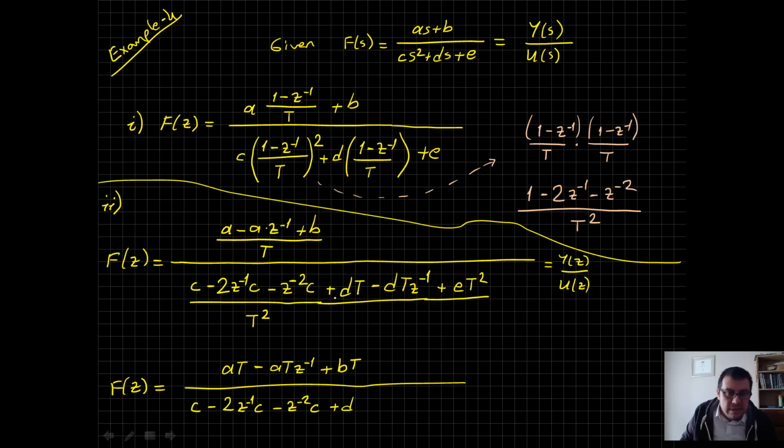That dt is d times t. It's not the sampling interval, it's parameter d times sampling time t, minus dt z^-1 plus et square. So you have this discrete transfer function, that's Y of z over U of z.